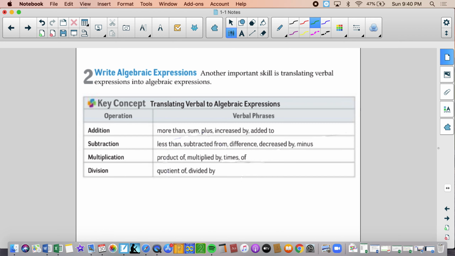Multiplication, the product of, multiplied by, times, and you can use of. That's a unique one. You'll see that when we do some percentages. 60% of 10, right? That would be multiplication. And then division, typically we see quotient of or divided by.